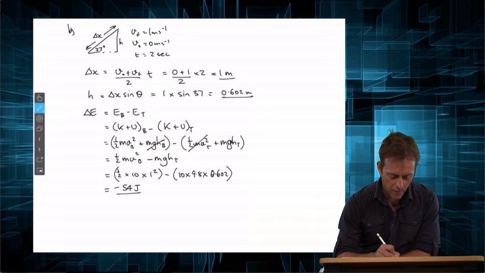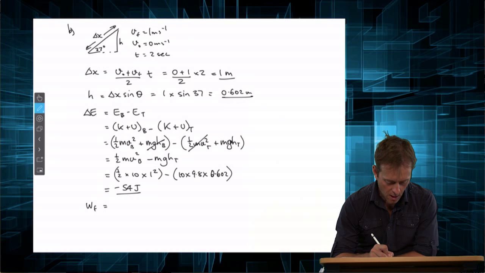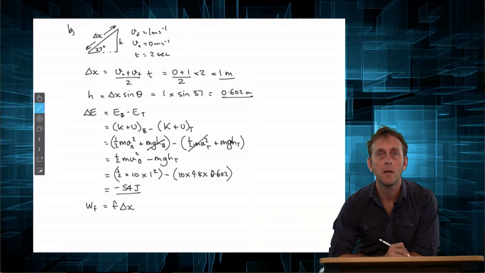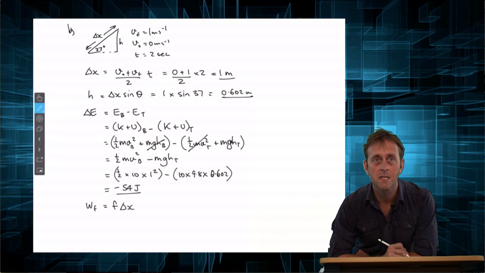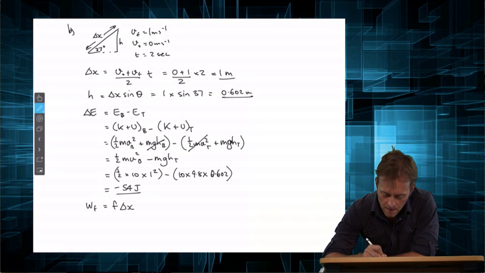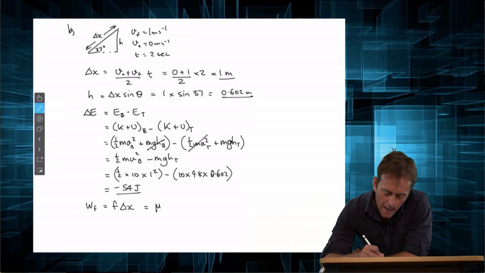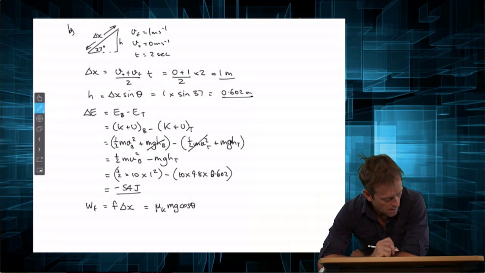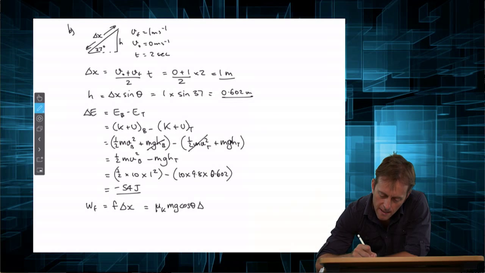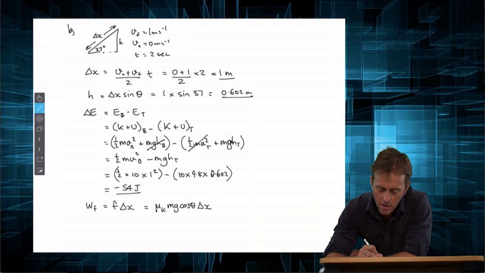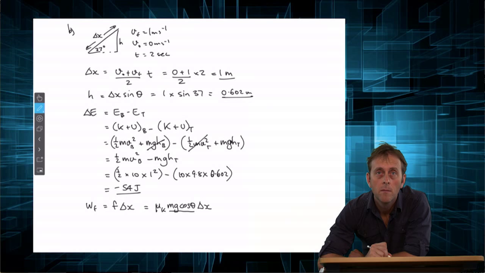So the work done by friction is going to be the force of friction times the displacement over which we exert the force. That's the definition of the work. So we know that the force of friction is mu_k times Fn. In this case, remember Fn is mg cos theta. They balance out. And times delta x. So this guy here is just the normal force.